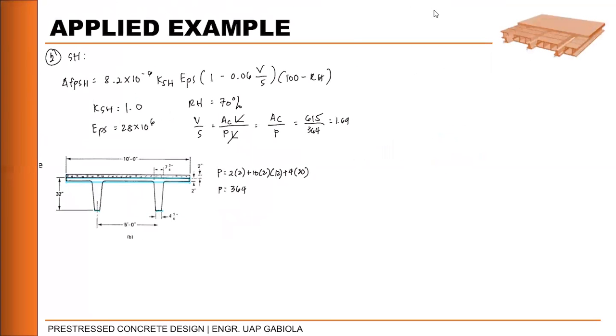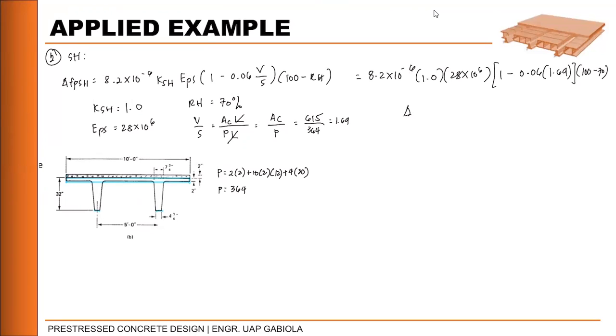So, I guess lahat ng ano, no, unknowns, meron na tayo. So, substitute natin. 8.2 times 10 to the negative 6 times 1.0 times EPS natin is 28 times 10 to the 6. Okay? So, 1 minus 0.06 times 1.69 multiplied by 100 minus 70. Okay?